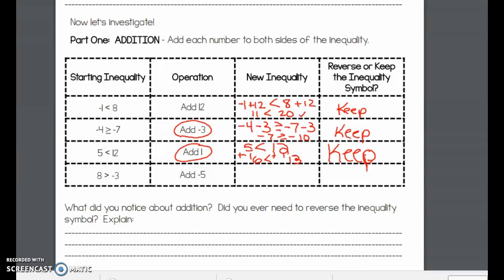Okay. 8 is greater than -3, and you're supposed to add -5 to each side, and then that equals 3.